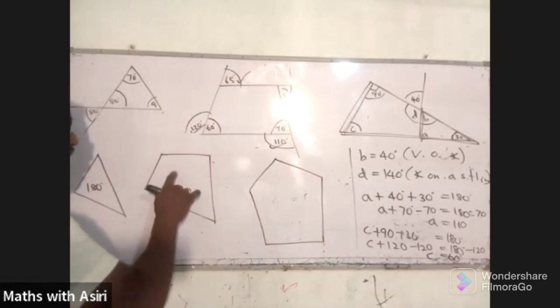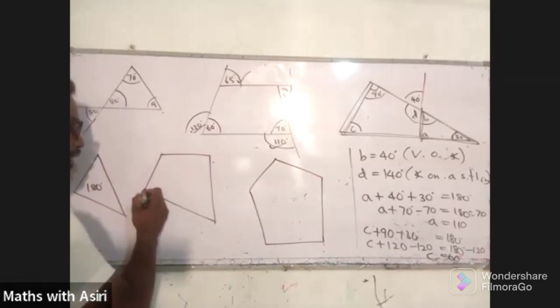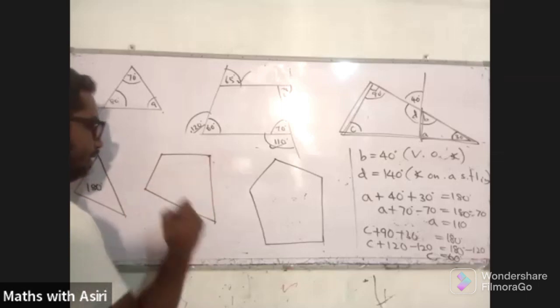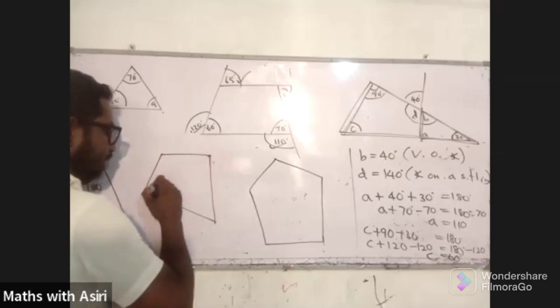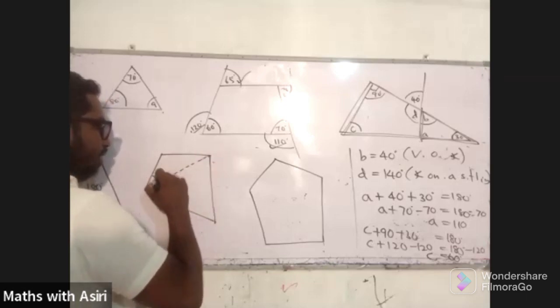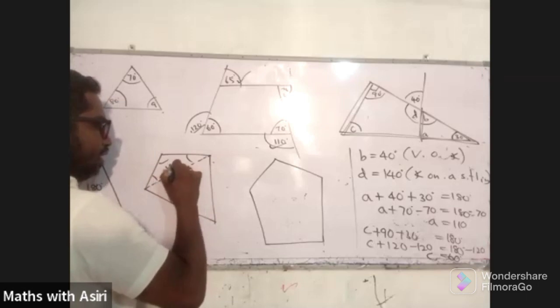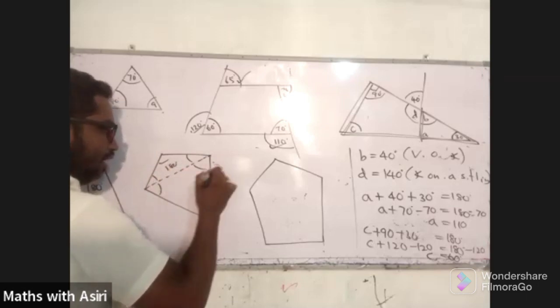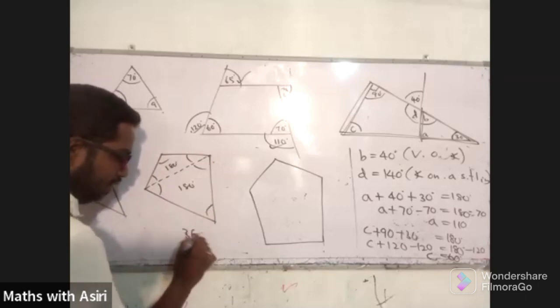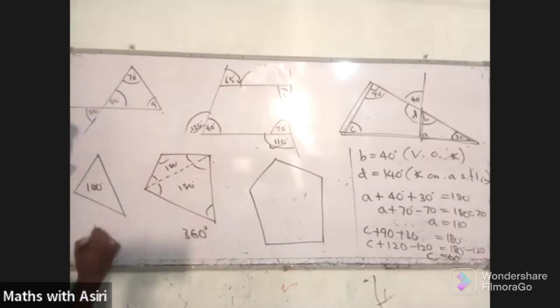You can divide this quadrilateral into two triangles by joining vertices. One triangle is 180, another triangle is also 180. That means 360.